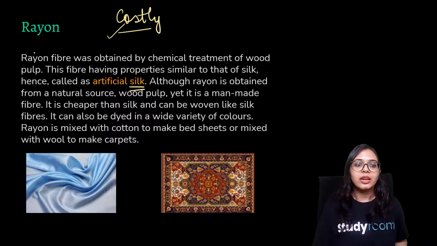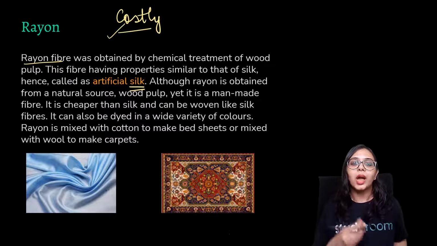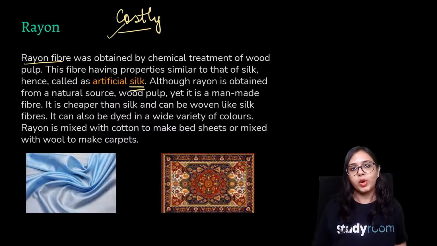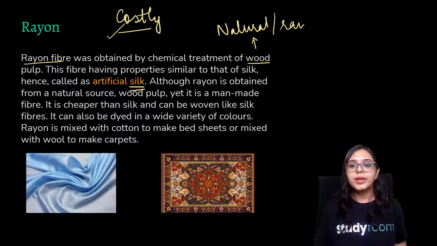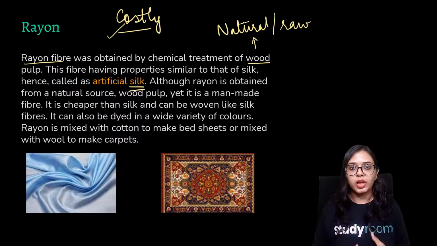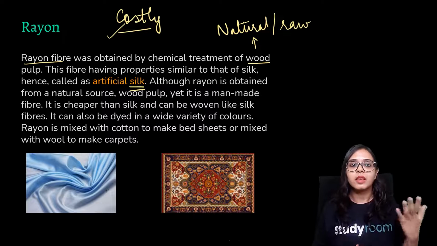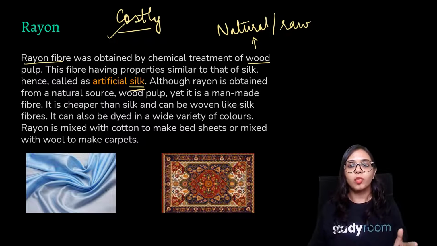For that, rayon fiber was discovered, and it was obtained very easily by chemical treatment of wood pulp. Wood pulp is a natural raw source, right? And we are treating this natural raw source with chemicals, and the final product that we are getting is rayon.